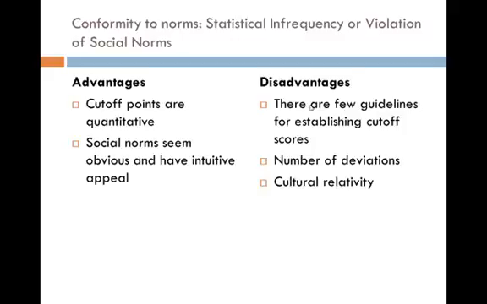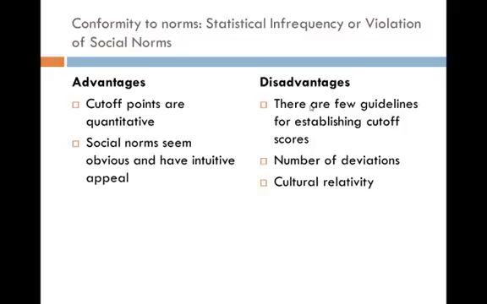So it gives us certain cutoffs by which we can understand a person's behavior. Like if a person does certain behaviors or experiences certain behaviors X number of times, then it's perceived as being abnormal or dysfunctional.